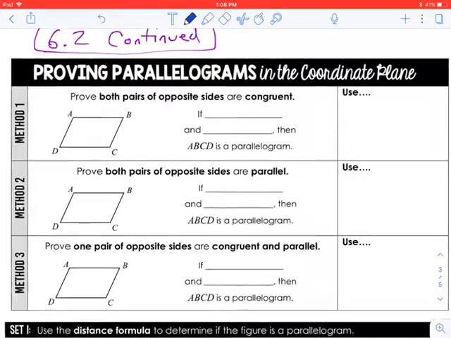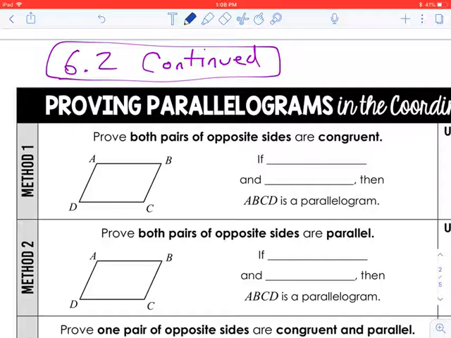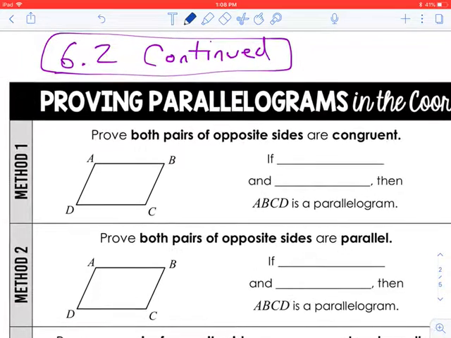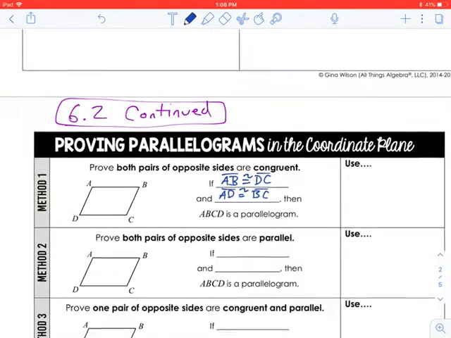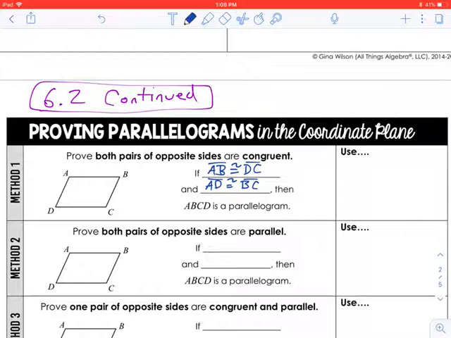In method number 1, it says prove both pairs of opposite sides are congruent. So in this picture here, if AB is congruent to DC and AD is congruent to BC, then ABCD is a parallelogram. For that, if we want to figure out if the side lengths are the same, we need to use the distance formula.